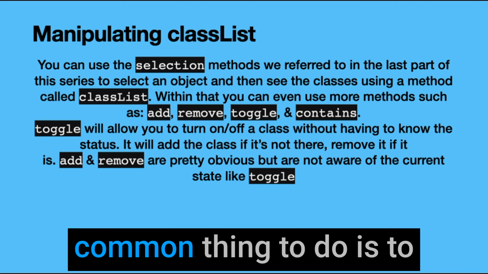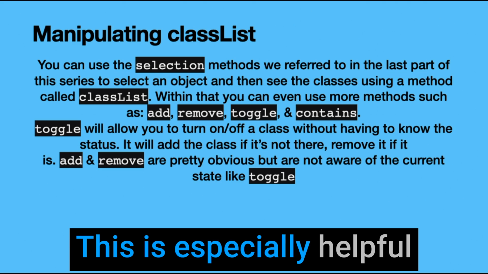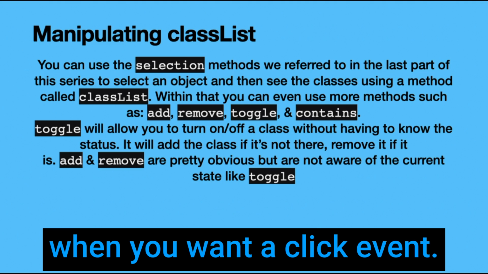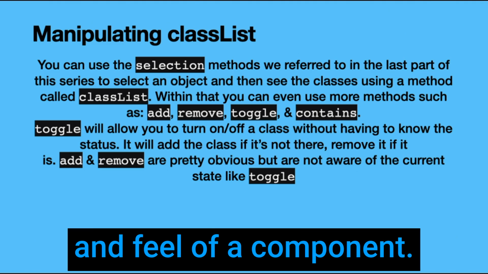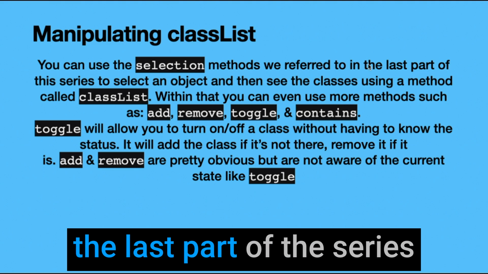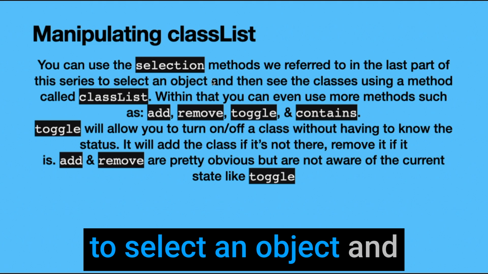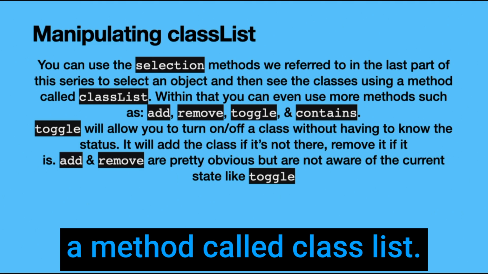In DOM manipulation, a common thing to do is to add and remove classes. This is especially helpful when you want a click event or some action on the page to change the look and feel of a component. You can use the selection methods we referred to in the last part of the series to select an object and then see the classes using a method called classList.